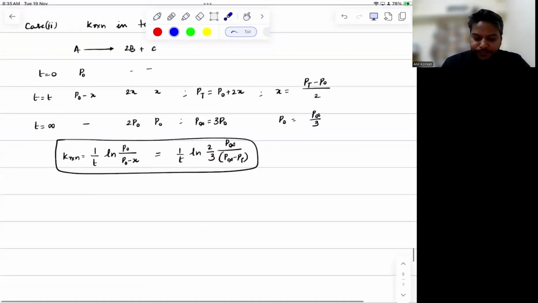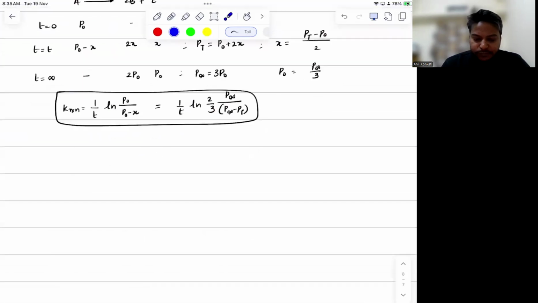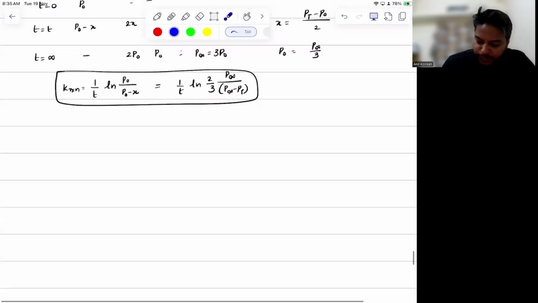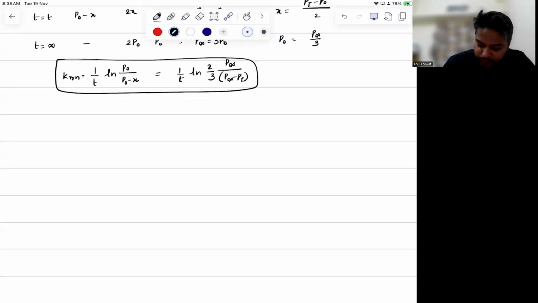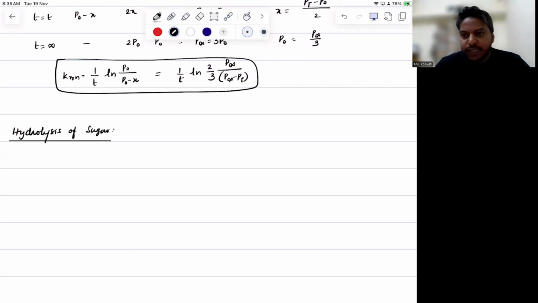Next one, let's see hydrolysis of sugar. Hydrolysis of sugar is mainly done with respect to the angle of rotation for sucrose, glucose, and fructose.